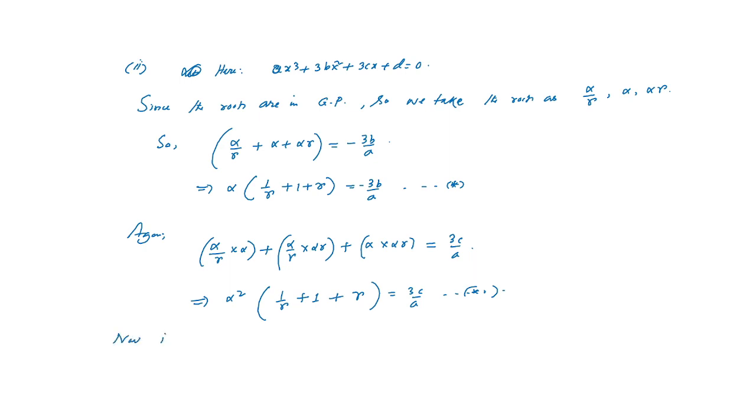So now, double star divided by single star. What will we get? We will get alpha equals 3c by a divided by minus 3b by a, so that will be minus c by b.